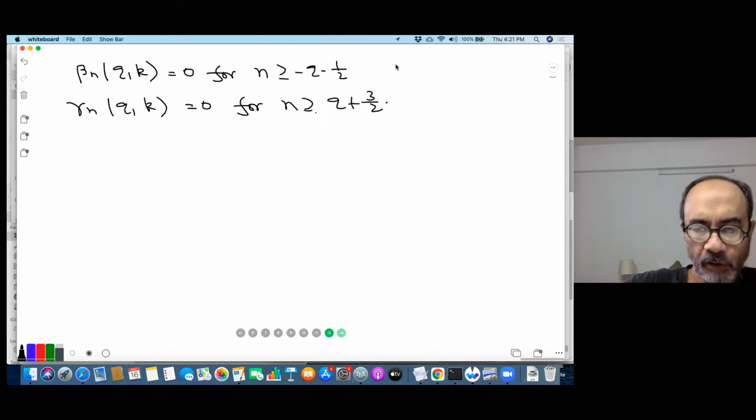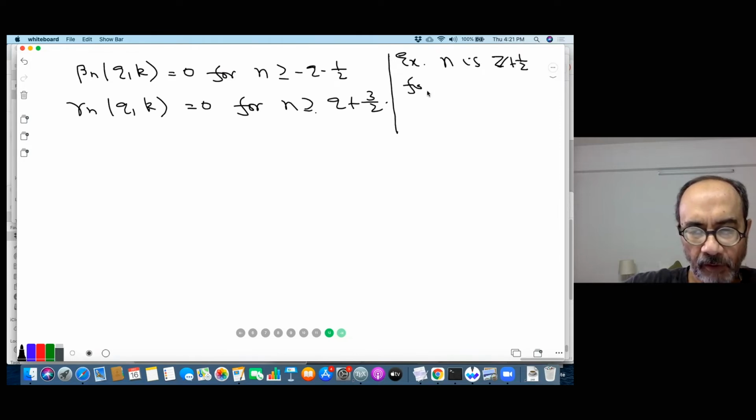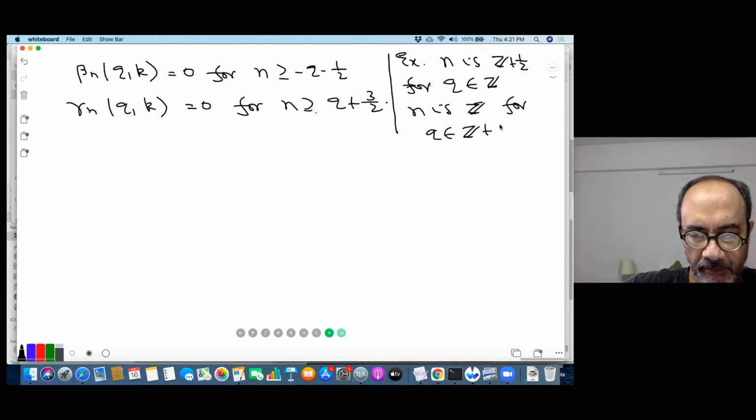And I should also just point out, as an exercise, that in this expansion n is integer plus half for Q integer, and n is integer for Q belonging to integer plus half.